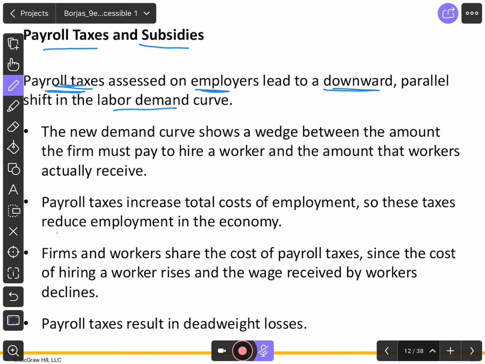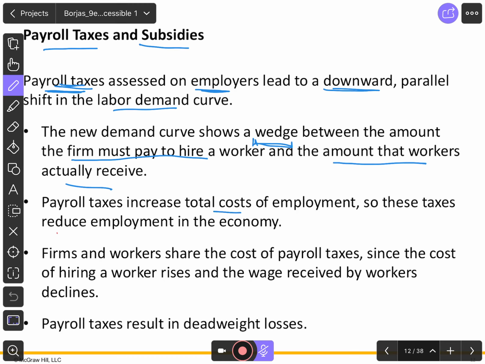Okay, so there would be a wedge or a gap between the amount that firms must pay to hire, which is the wage plus the tax, and the amount that workers actually receive. They receive a certain amount, but actually the firms are paying another number, because that number includes not only the wage but also the tax.